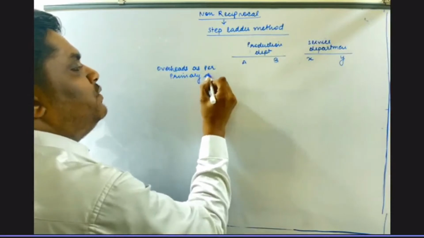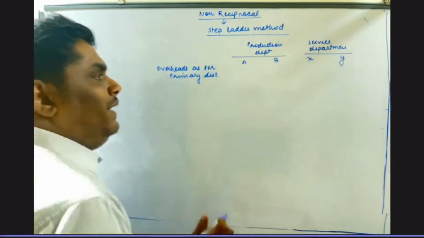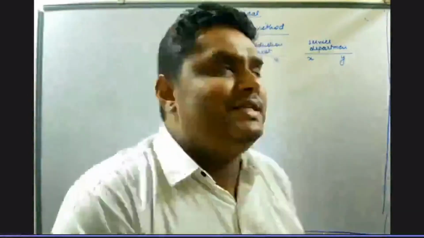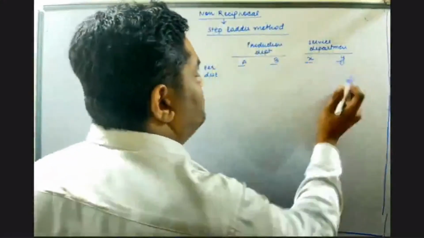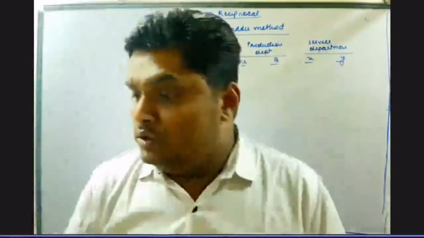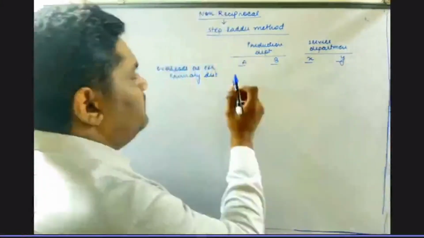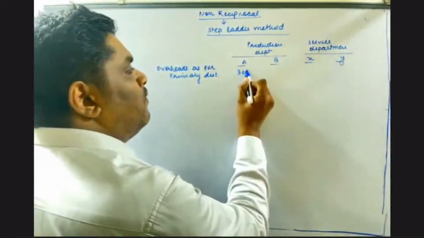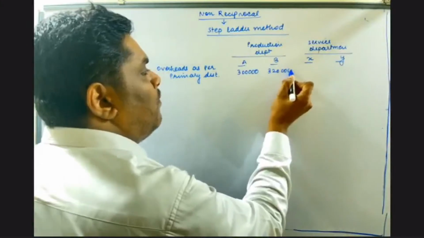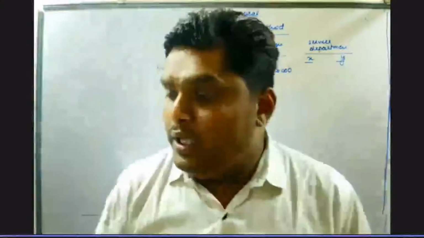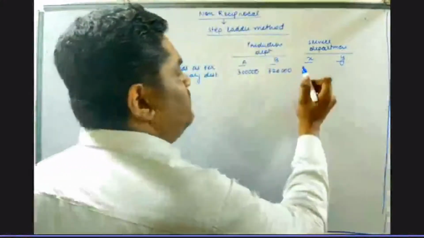When talking about primary distribution, it is after allocation and apportionment. So the overheads of the production departments are 3 lakh and 3,20,000. When talking about the overheads of the service departments, it is 2 lakh and 1,50,000.